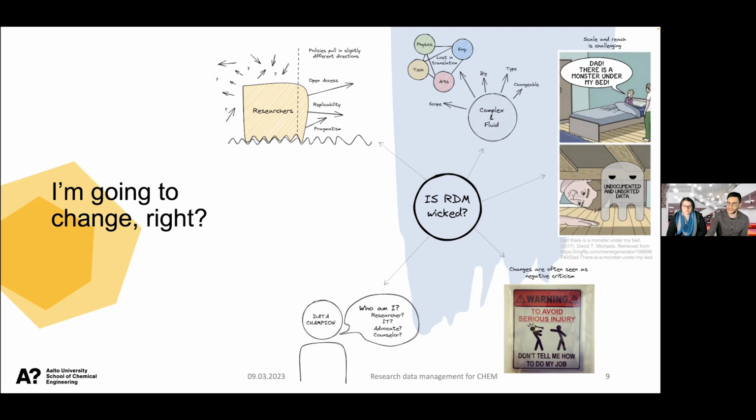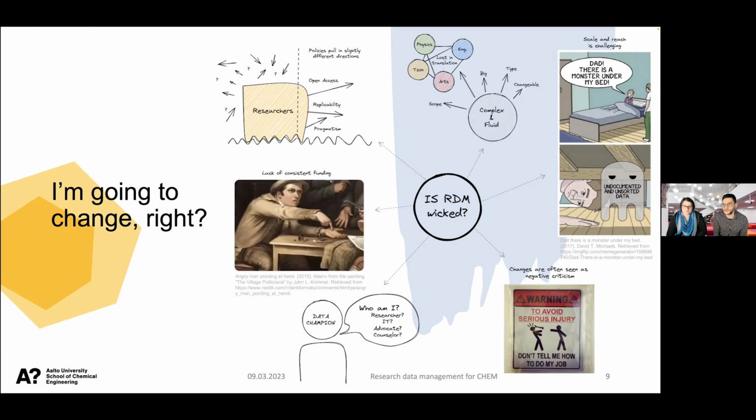It's good to have good practices, but it's also good that you are paid, and the mechanisms that currently exist to classify you as a good researcher don't necessarily depend on whether you save your data properly or not. So I think there are some problems that make research data management not that easy to implement. We need to start somewhere, and at least we need to start by ourselves.